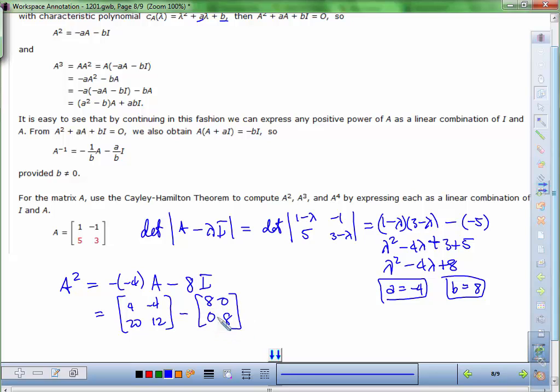And then 8 times the identity matrix is just 8's on the diagonal. And we do the subtraction, we're going to get -4, -4, 20, and +4. Okay?